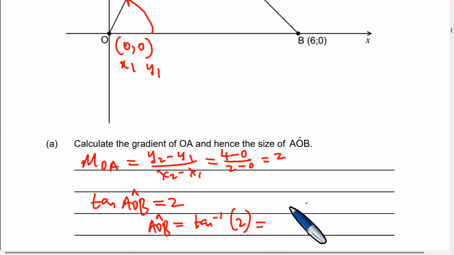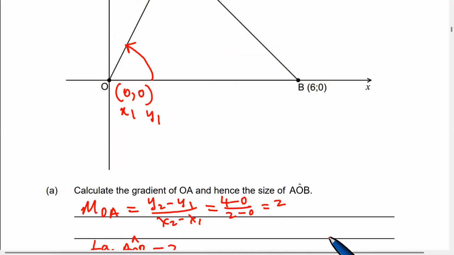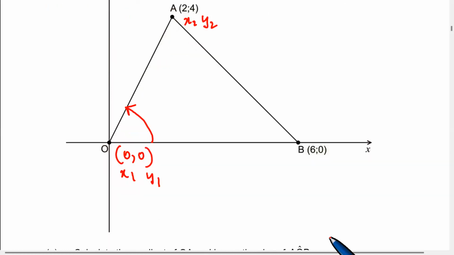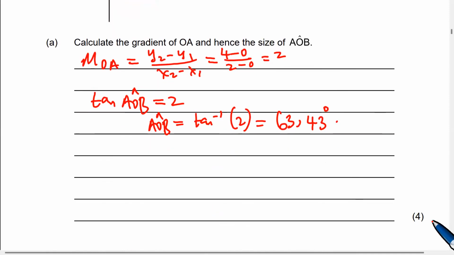What is arctan 2 using a calculator? It is 63.43 degrees. So we've been able to find the size of the angle AOB, and the gradient has been found, and the marks allocated are 4.